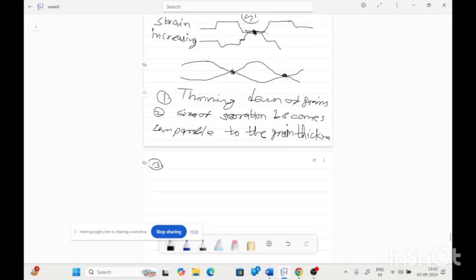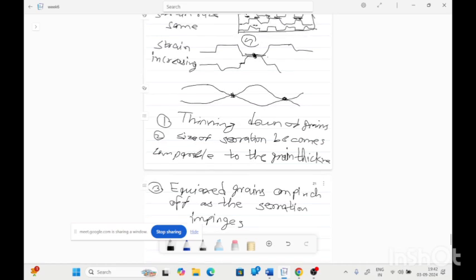And the third point, in the third stage, equiaxed grains can pinch off as the serrations impinge.